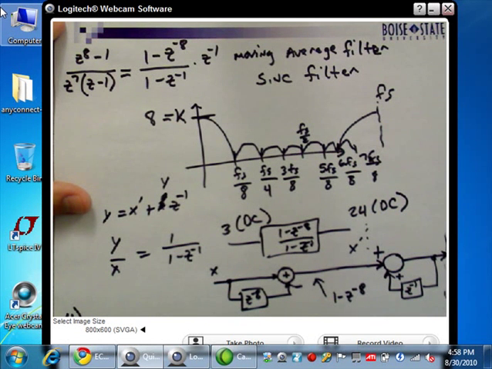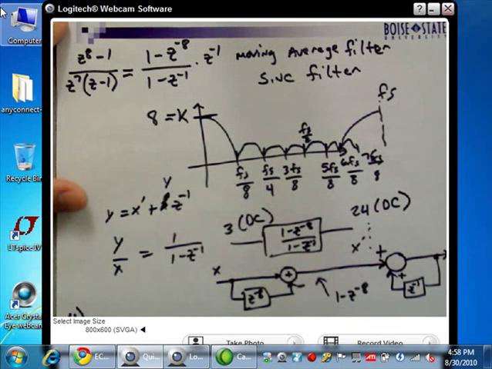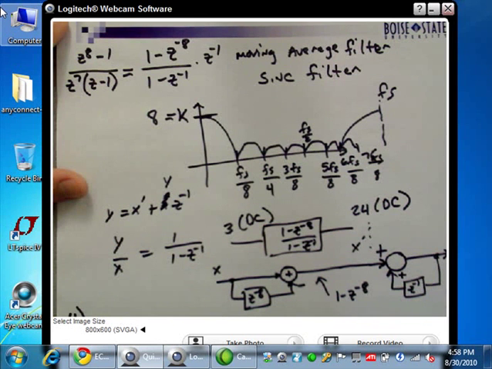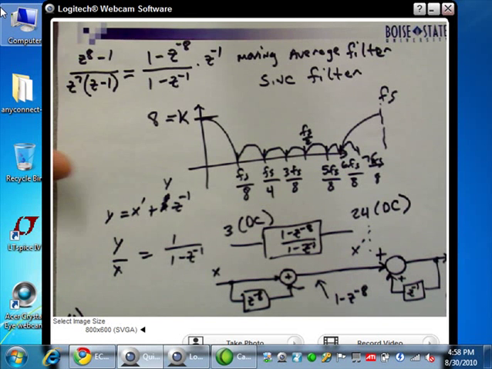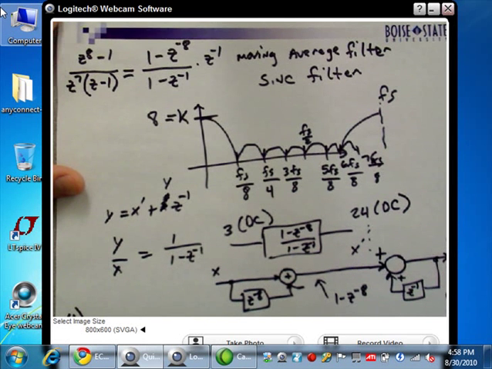Well, let me ask this simple question. How many zeros do I have? 8. How many poles do I have? 8. There, I think that's the answer. You have to have more poles than zeros to get a delay through the filter. Okay.